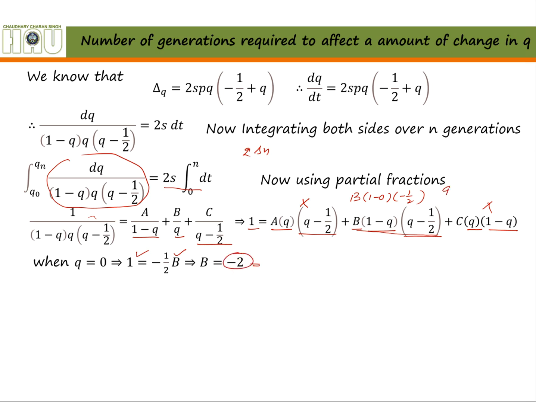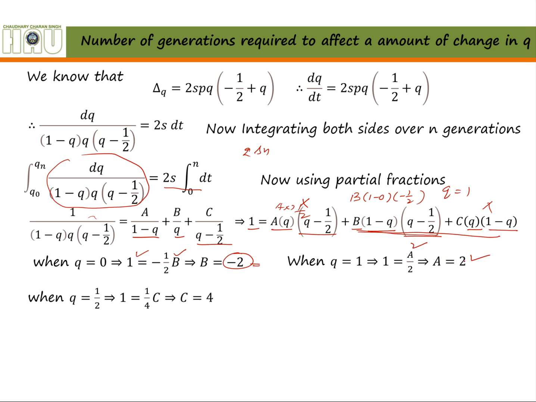Similarly, when you put q equal to 1, it implies A into (1 minus half), so it is half, and the rest of these two terms will be 0. So it is A by 2, which implies A is equal to 2. And when we put q equal to half, you will get C is equal to 4.